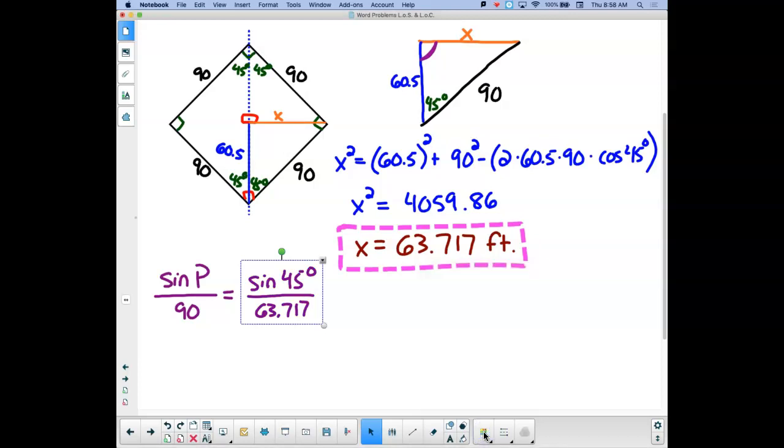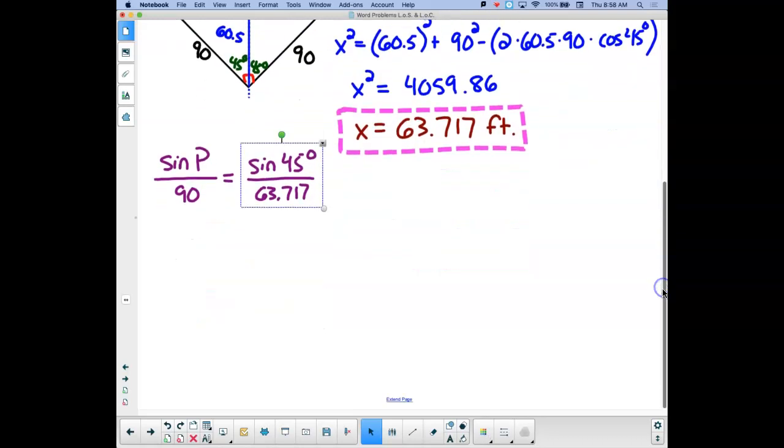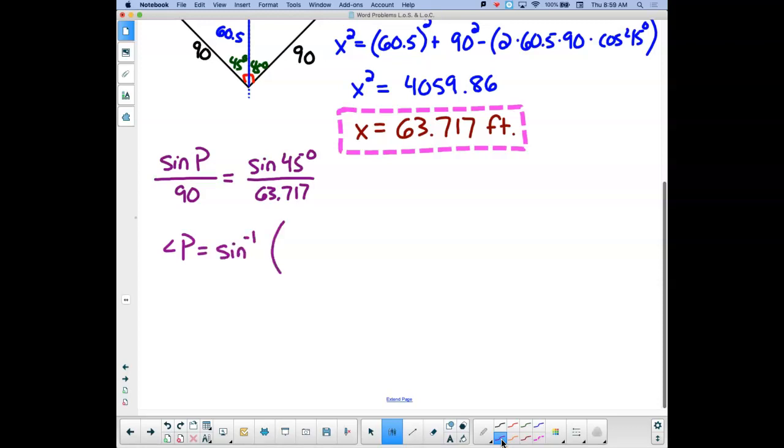Picked the wrong color. Okay. So angle P is going to be the inverse sine of what?